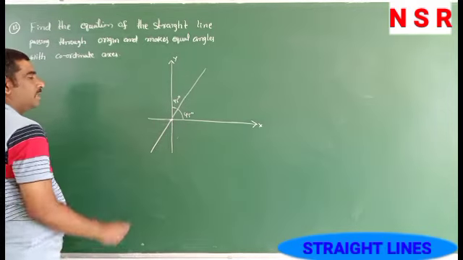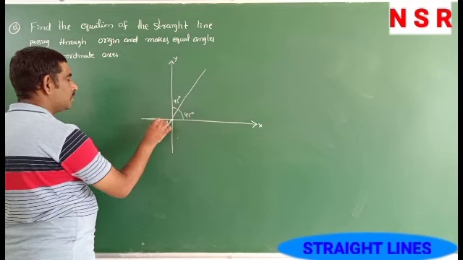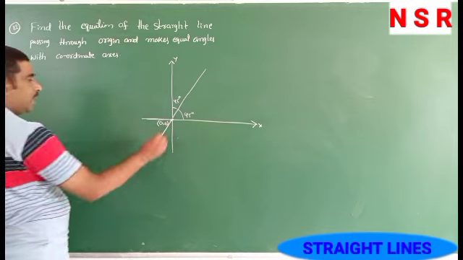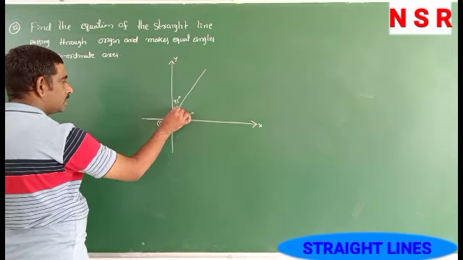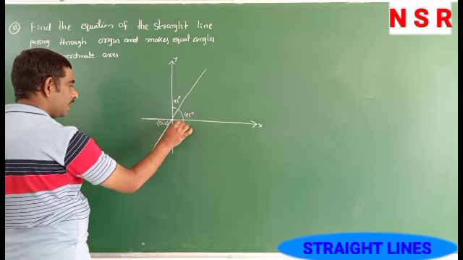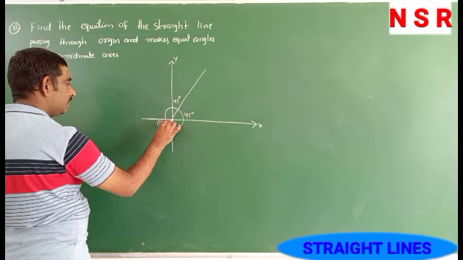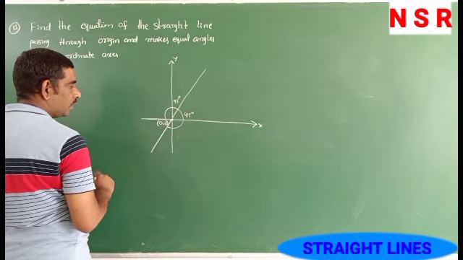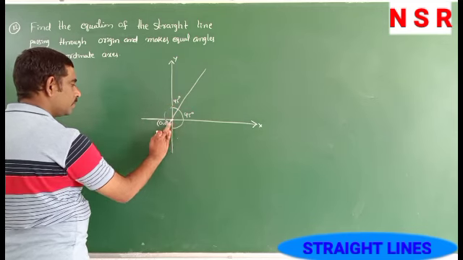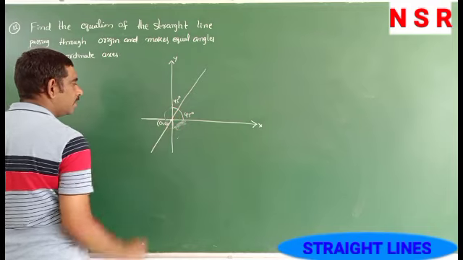So here the angle is 45 degrees. Also this line makes equal angles with the x and y axes in the positive direction. Another angle is 135, that is 90 plus 45. So 45 degrees and 135 degrees also. You can consider any one angle, so I am taking 45 degrees.